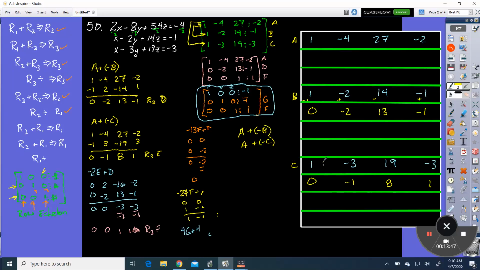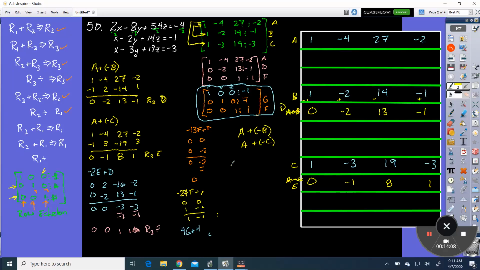Now what I'm going to do, so this was A minus B, this was A minus C. Now what I'm going to do, let's call this D, let's call this one E. Get rid of those.